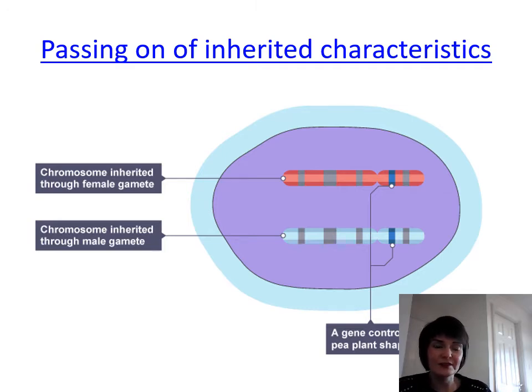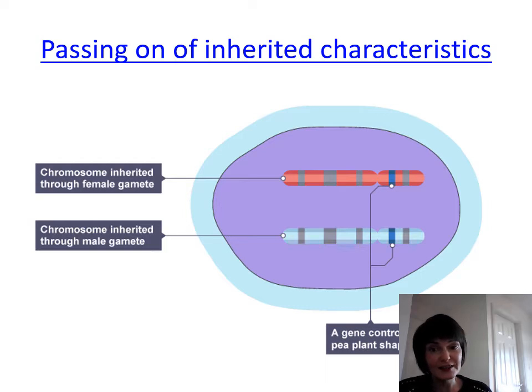This wee slide is just showing you that inside the nucleus we've got our chromosomes, and our chromosomes are banded into genes, and each gene will be looking at a particular characteristic. In this instance, we are looking at pea plants, and we are looking at the shape of pea plants.